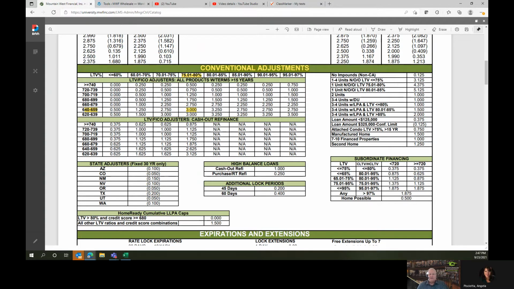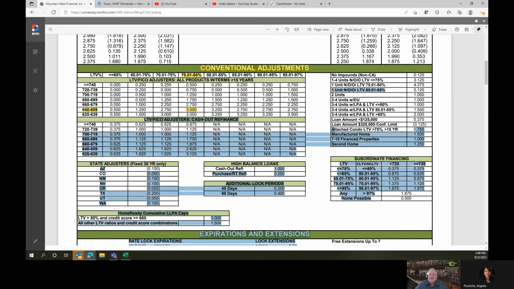But if we keep sliding down, I probably should have said on the earlier example, and I didn't, it's a condo. This property is a condo. So it's not a single family residence. And we're going to assume for any condo example scenarios that you see throughout the course that it is an attached condo, okay? So there is a bump there for an attached condo, but read the rest of it.